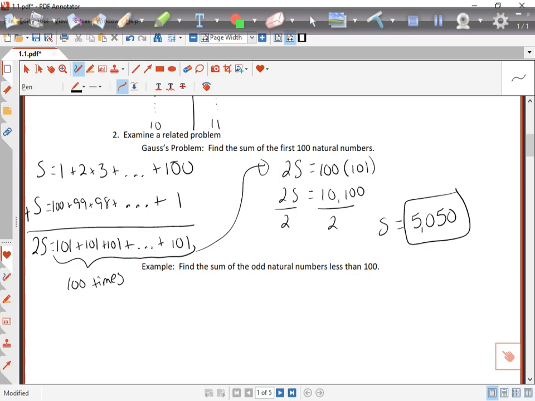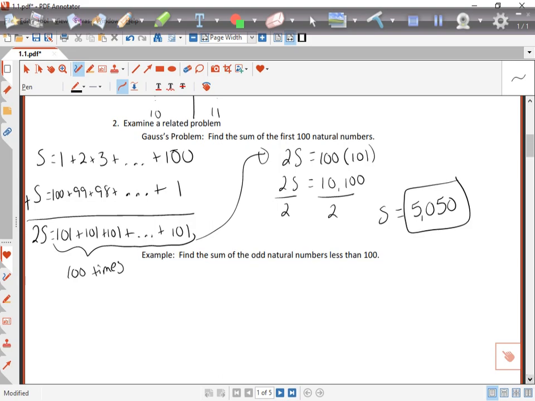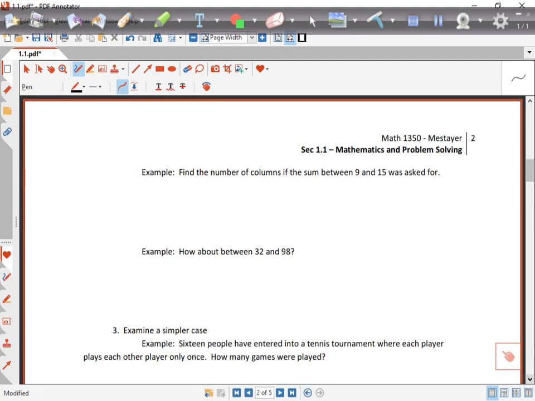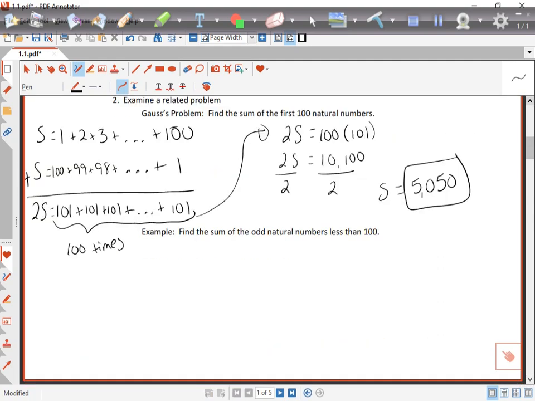Okay, so we can use this as a related problem to find the next one. Find the sum of the odd natural numbers less than 100. So the difference this time is the word odd. Okay, we could start off the same way.